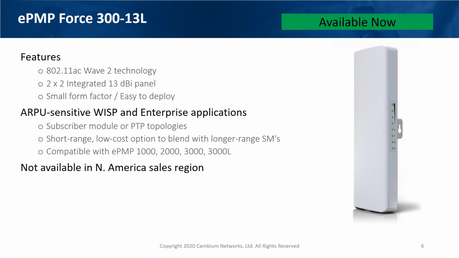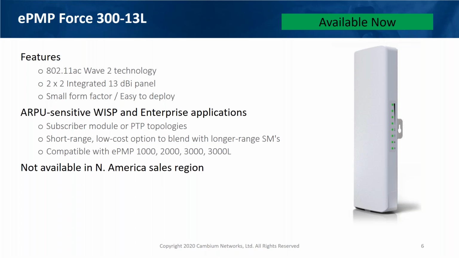More important thing to note about the Force 300 13L is that it is targeting very ARPU sensitive or low cost WISP environments. So this is our lowest priced 802.11ac subscriber module. It is really targeted to short range, low cost options.